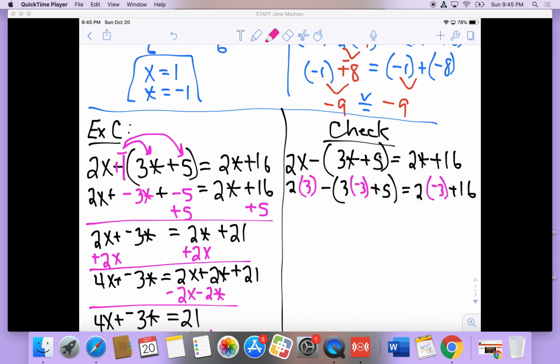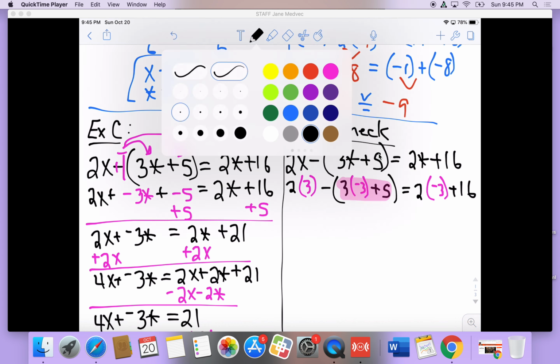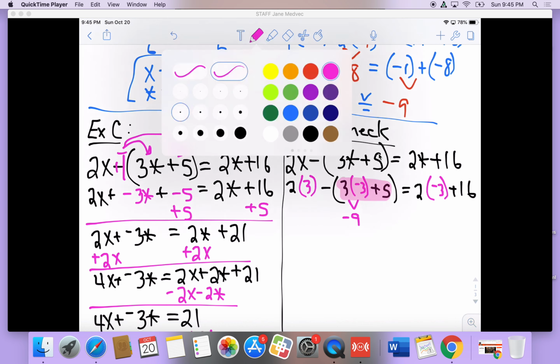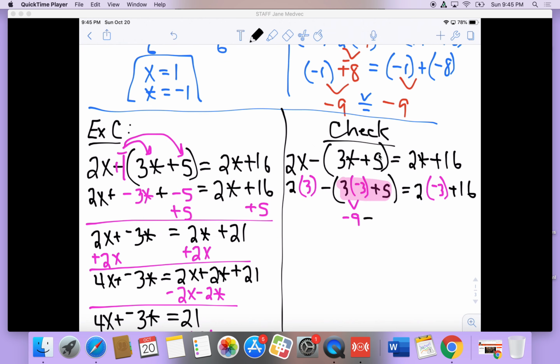Now I'm going to work within my parentheses here, just like that last problem. I'm going to have a -9. And I'm going to copy all that other stuff down around it. Okay, and I'm still working in that parentheses.